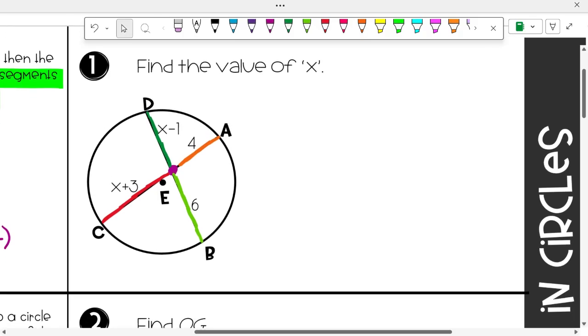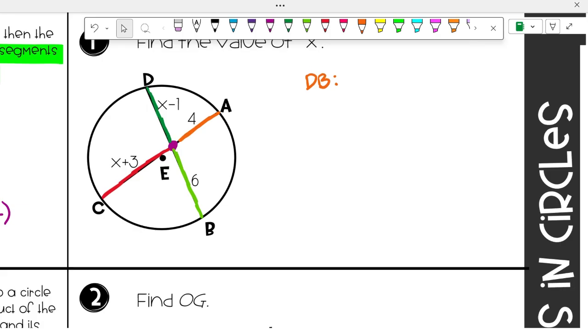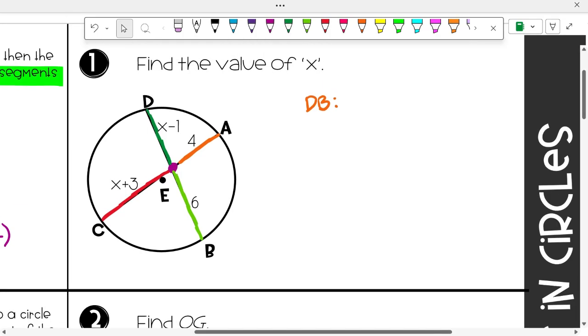All right. So for DB, how would I write an expression to represent the product of DB? So if I multiply the two pieces of DB, so that would be the x minus 1 and the 6. How would I write an expression to represent the product?